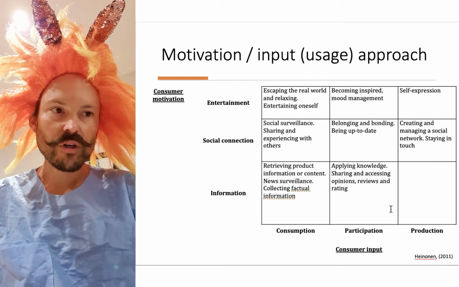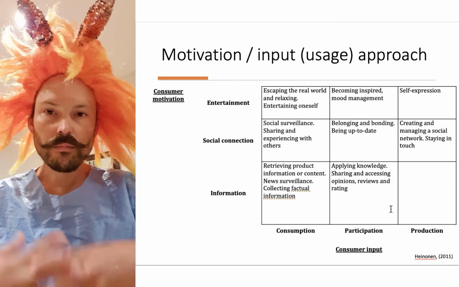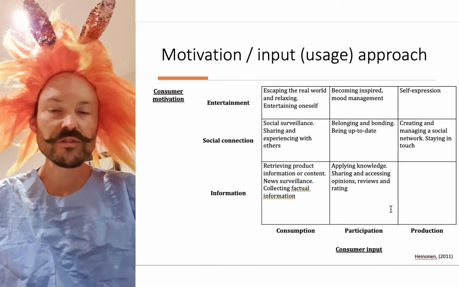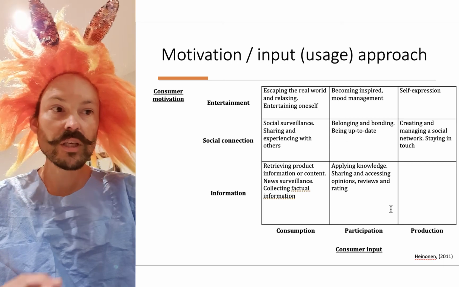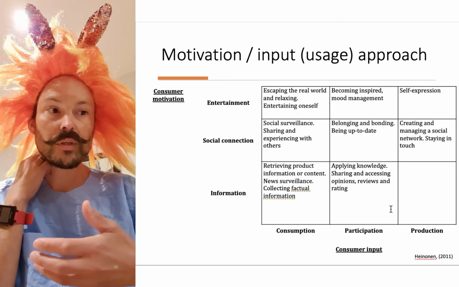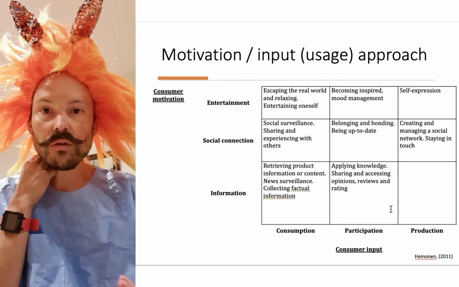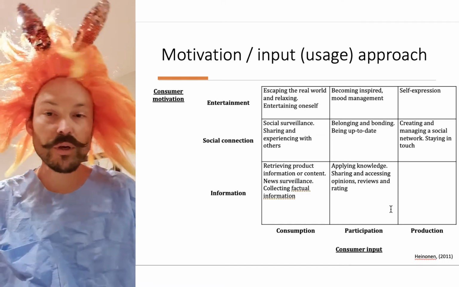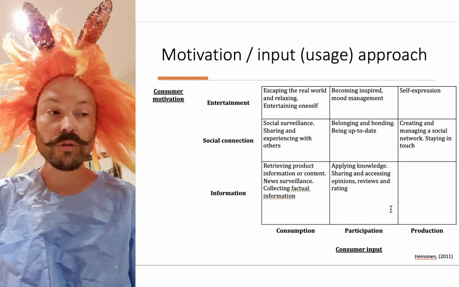So that was then divided up into, as I said, the motivations. So here we are looking at entertainment, social connections, and information seeking, and then dividing that up into to what extent people are consuming content, or whether they're participating in creating content, or whether they are more into actual production of content.